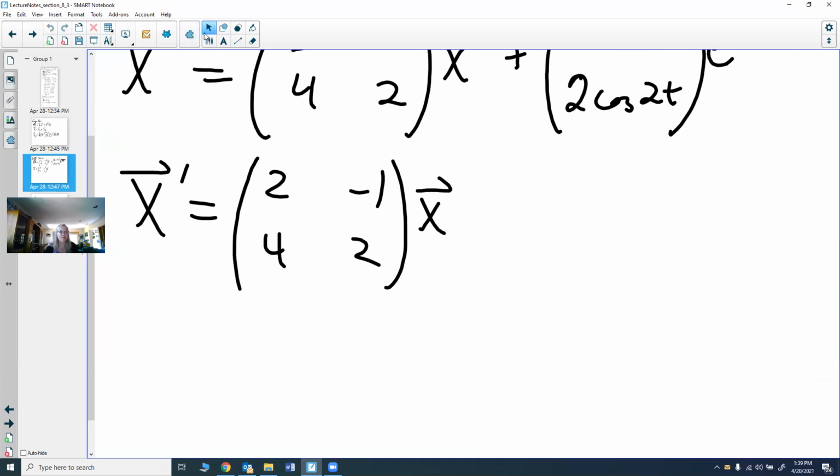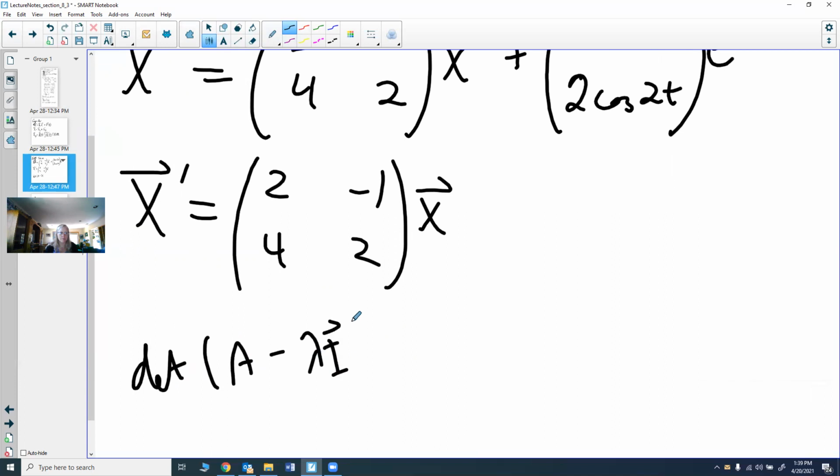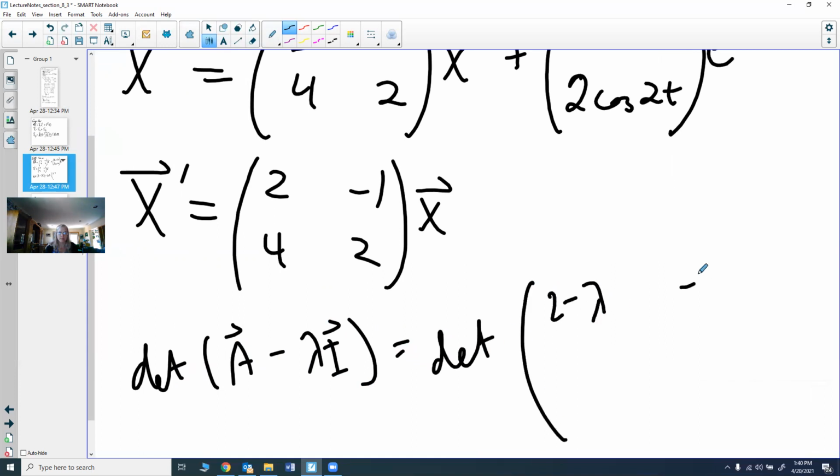That means the very first thing we're doing is taking the determinant of A minus lambda I, and that will be the determinant of 2 minus lambda, negative 1, 4, 2 minus lambda, and that's going to equal 0.